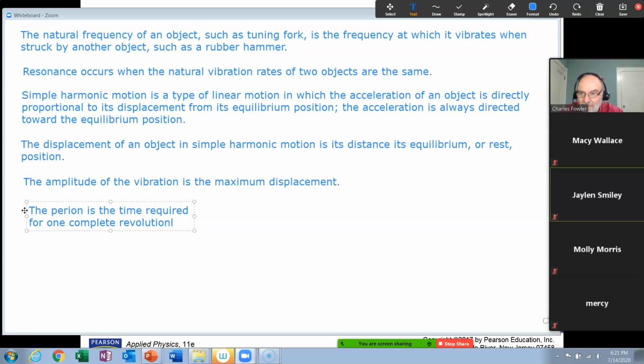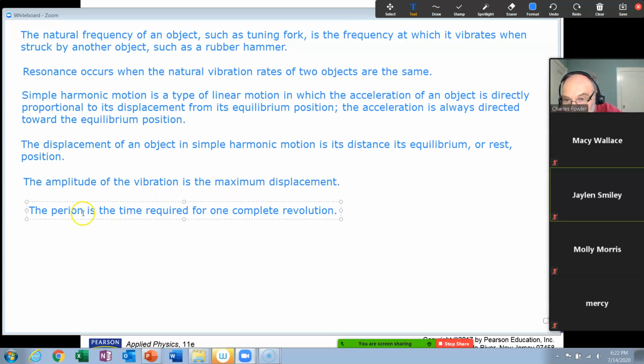I would say one complete path, maybe, which is the same as a revolution on the Ferris wheel. Okay, and that's a period. Time required, just like before, the period is the time.